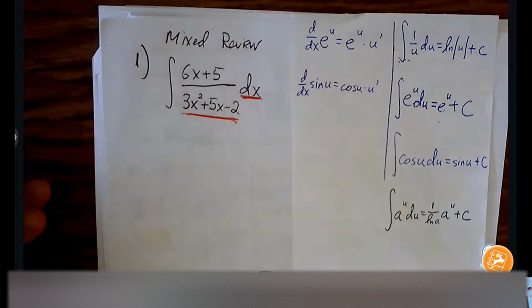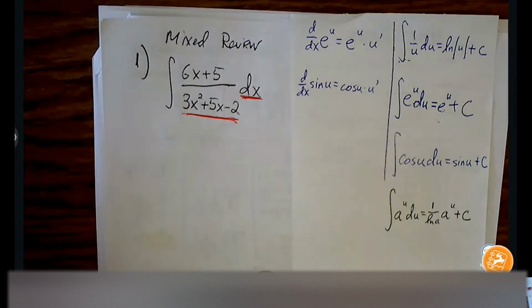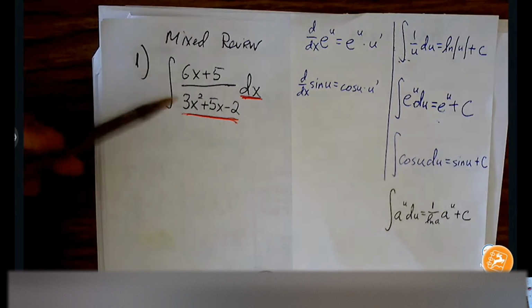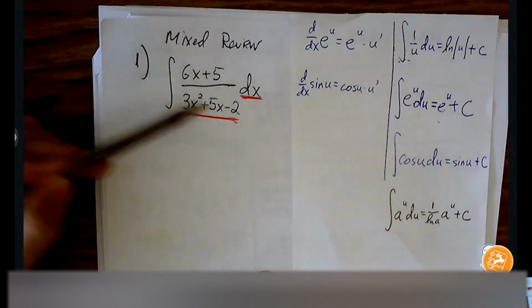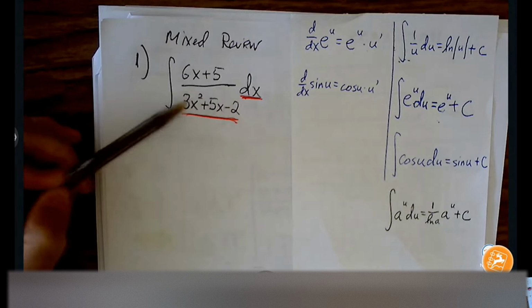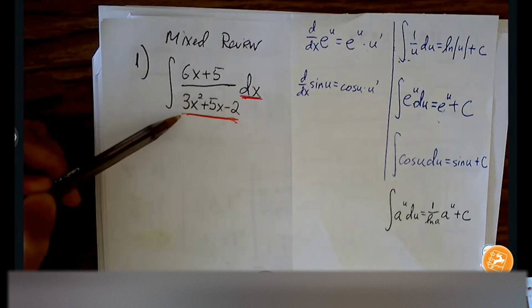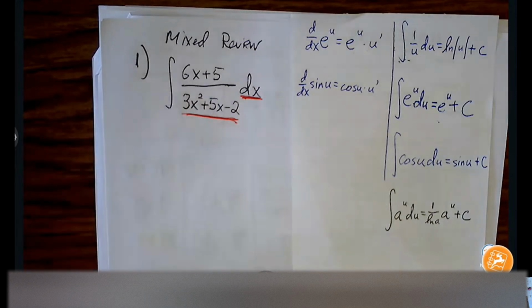Now, I know we're seeing a lot of problems where we're always replacing the denominator. It's not always the case, but I think it's a good place to start. We have some instances where we may only pick a portion of the denominator, but usually if you're just dealing with a rational function, I would say for the most part, it's going to be the denominator. But if you're dealing with natural log, with e to the x, maybe it could be just a portion of the denominator and not the entire denominator. Ultimately, there's variety in what can happen, but the ultimate goal remains the same.